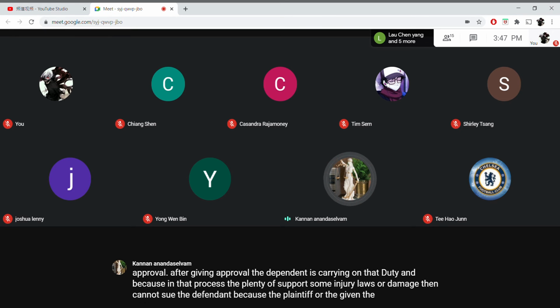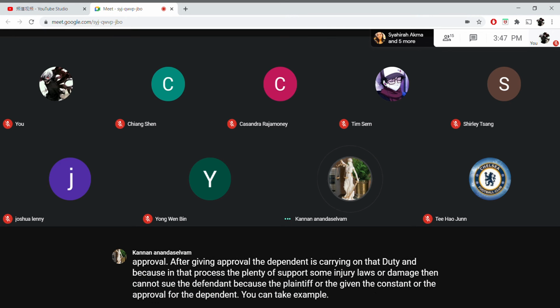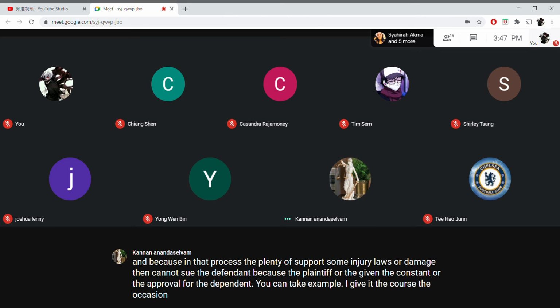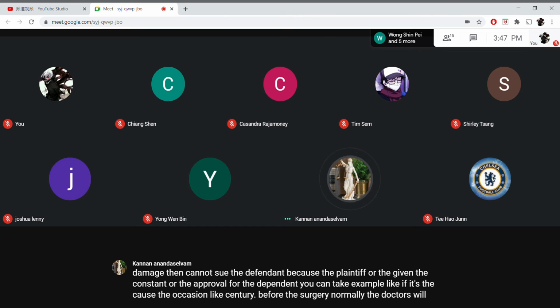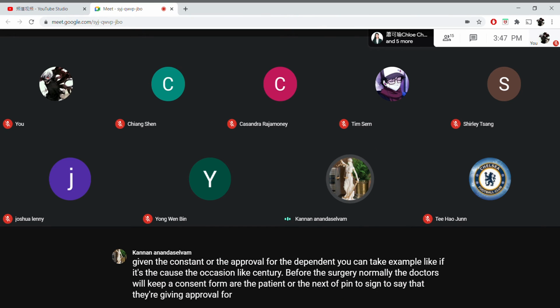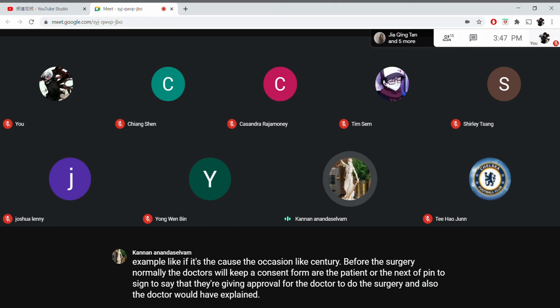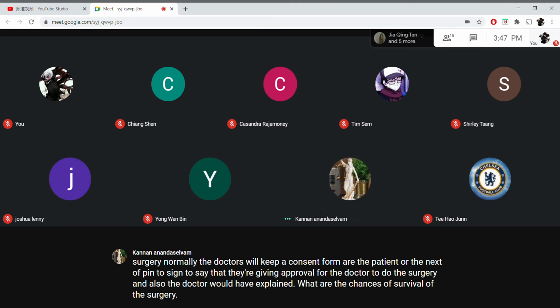An example I give is the case here, like surgery. Before the surgery, normally the doctors will give a consent form, asking the patient or the next of kin to sign to say that they are giving approval for the doctor to do the surgery. The doctor would also have explained the chances of survival and the repercussions.